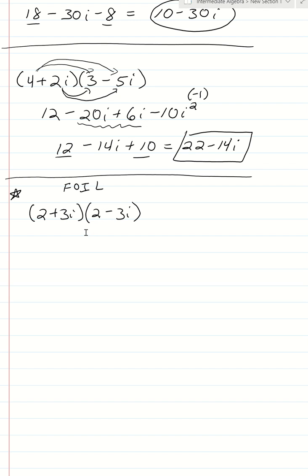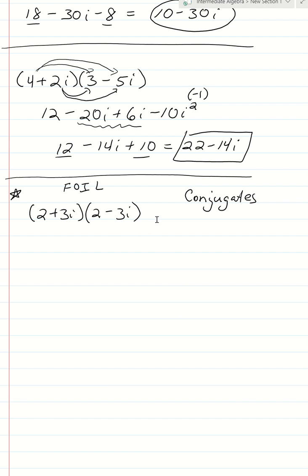And we had a special word for when the first numbers were the same, when the last numbers were the same, and when we had one positive and the opposite one negative. And that word is conjugates. So once again, what we have here is an example of what we would call complex conjugates.